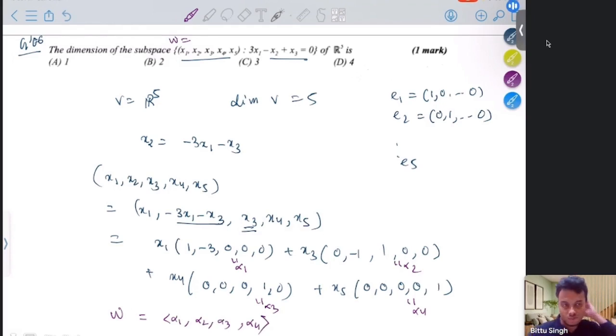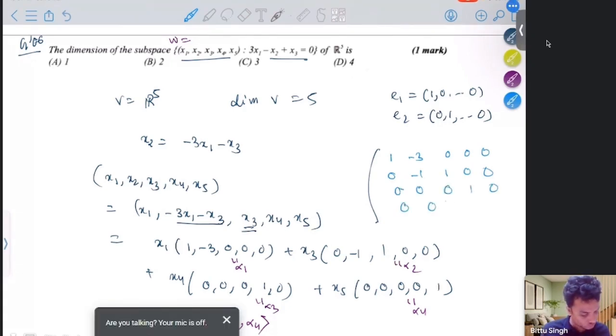And clearly those 4 vectors are linearly independent, because if we write those vectors in rows, that is 1, minus 3 and everything is 0, then the second row is 0, minus 1, 1, everything is 0, then it can be seen. Let us check this. So if we put those entries in a single matrix, it will be 1, minus 3, 0, 0, 0, 0, minus 1, 1, 0, 0, then 0 0 0 1 0 and 0 0 0 0 1.